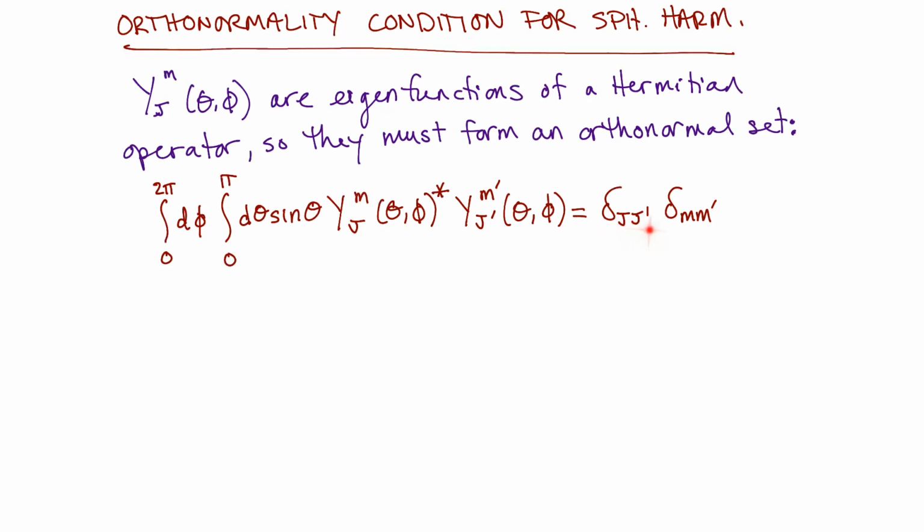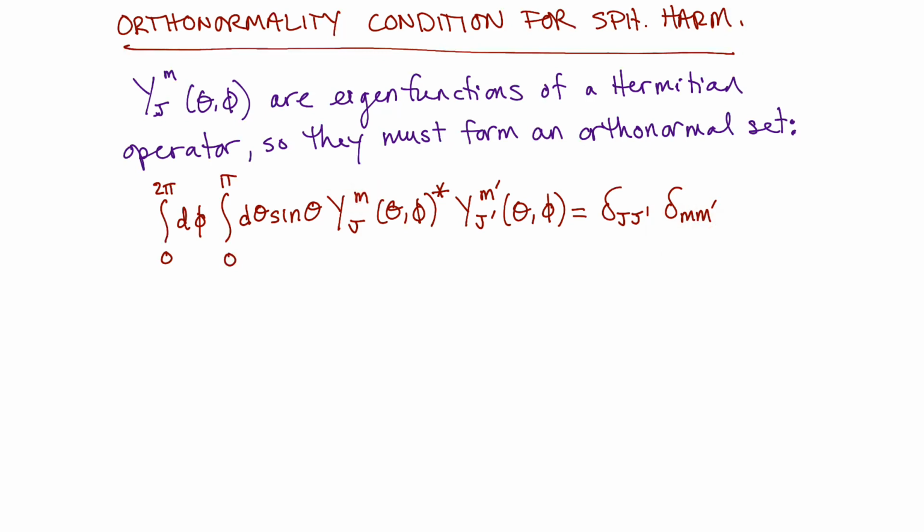Okay, so one is with the J's. If the J's are equivalent in these two functions, then that Kronecker delta will go to 1. If they are not the same, then that will go to 0, just like we had before. And same with the M option.